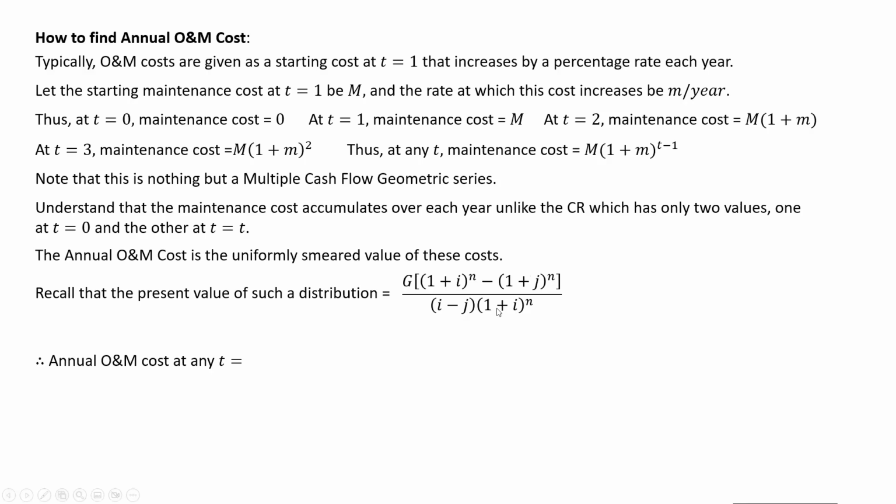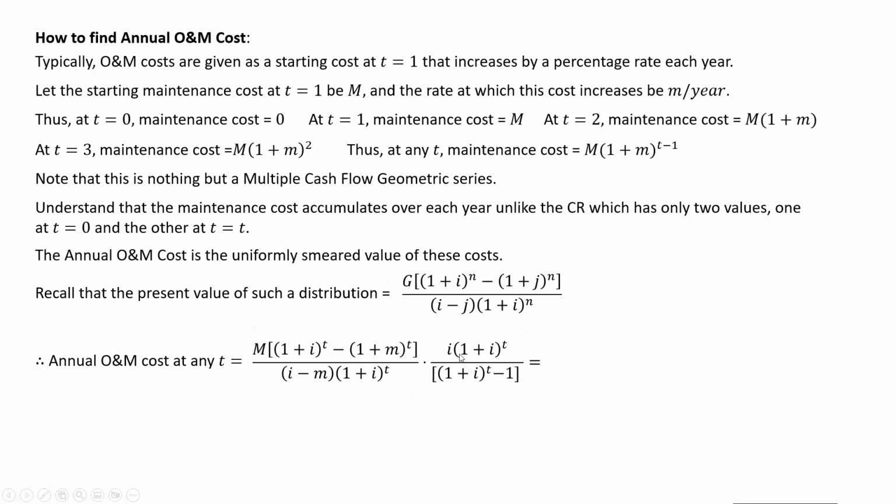So annual O&M cost at any t is, replacing G with an M and lowercase j with a lowercase m, but then we are smearing this out over t years. Notice that this is the present value. And because it's a present value, in order to smear it out, I need to multiply by i times 1 plus i to the t.